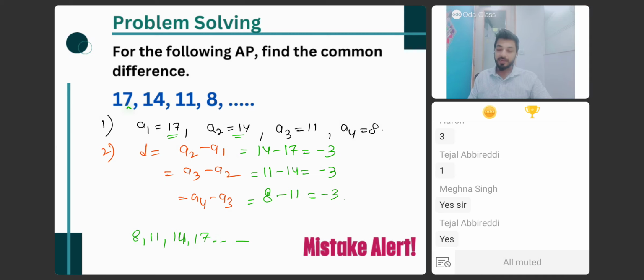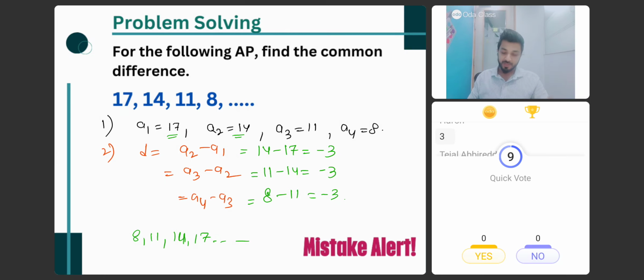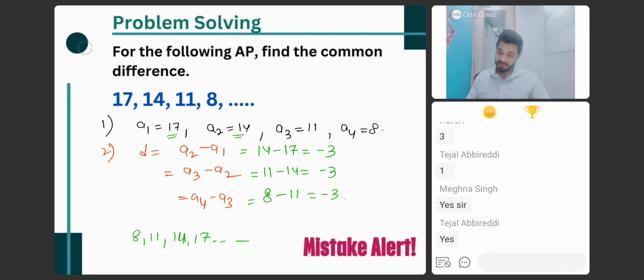Decreasing AP है तो common difference negative होगा. That is a very simple thing, common sense, isn't it? So the common difference for this arithmetic progression will be minus 3.